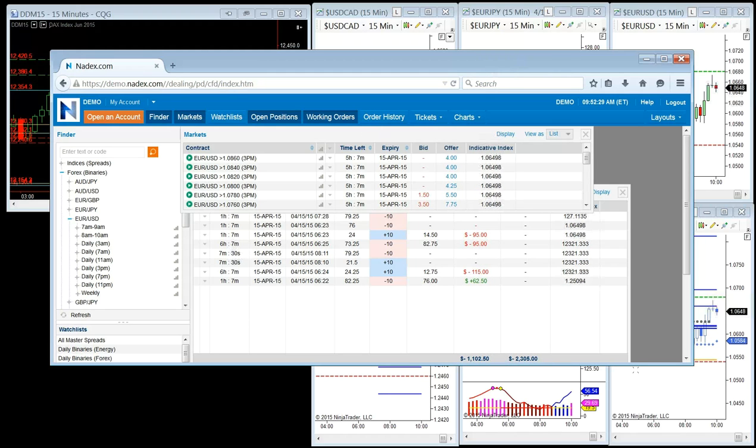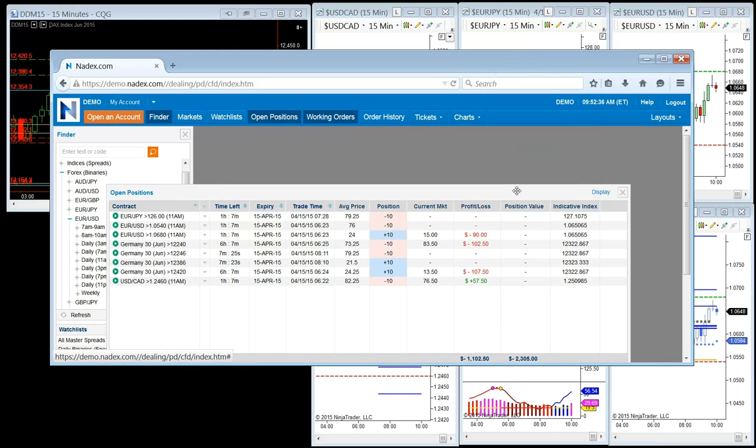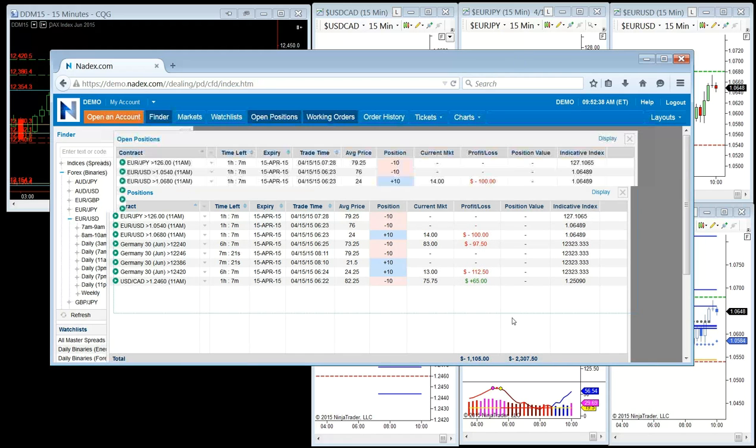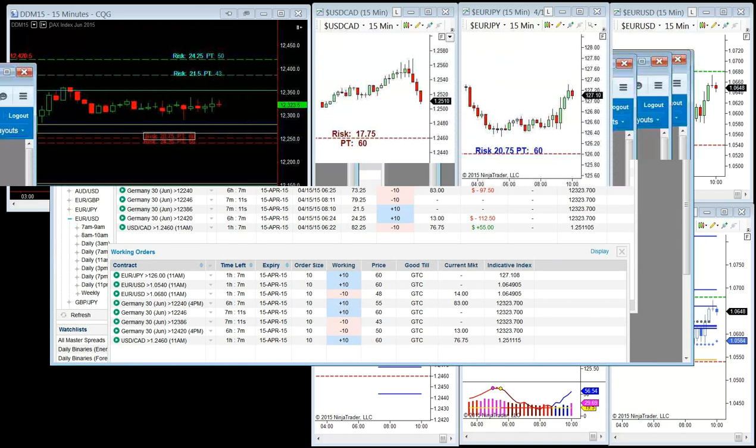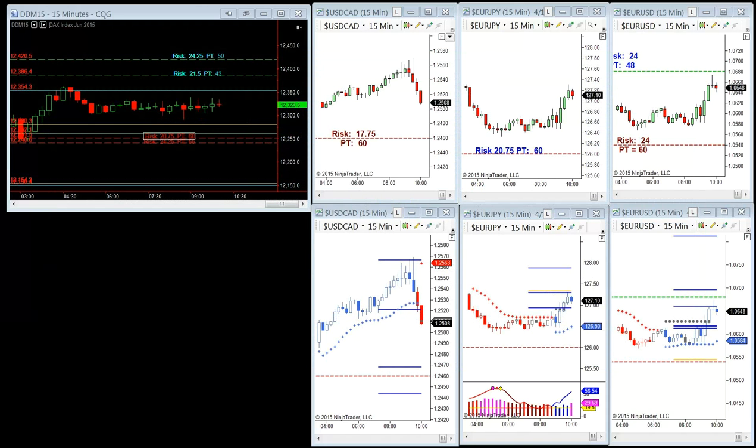Let's see. That's this one. Where's my other one? That's open positions. Here it is. I'm really kind of hoping they spike this one down right before the rate announcement because that'll hit my profit target.